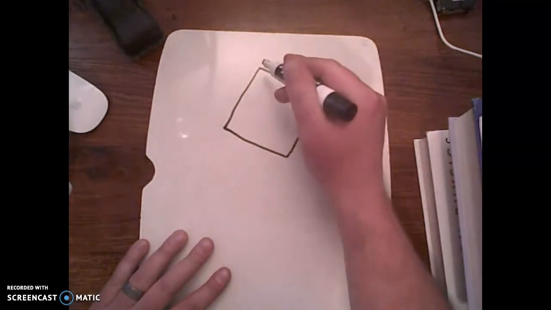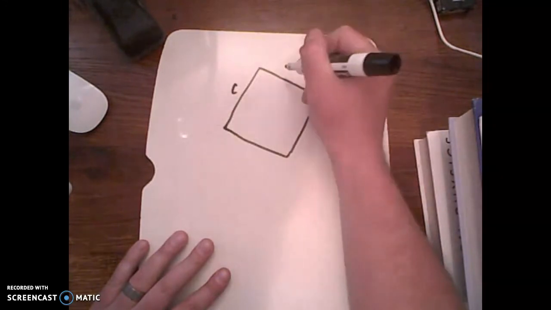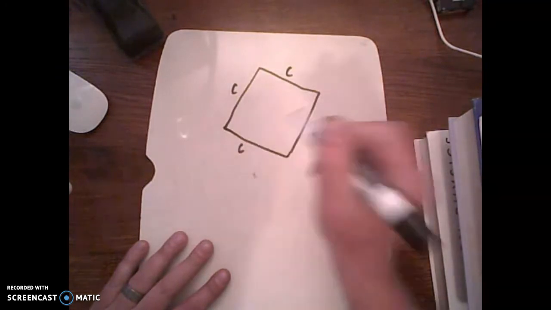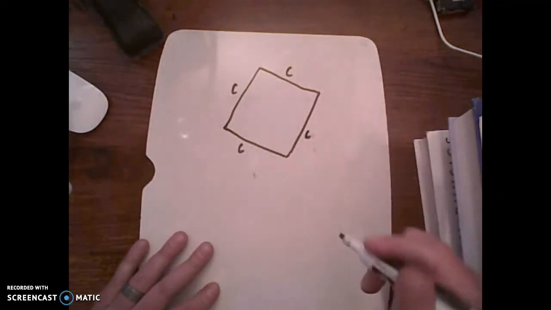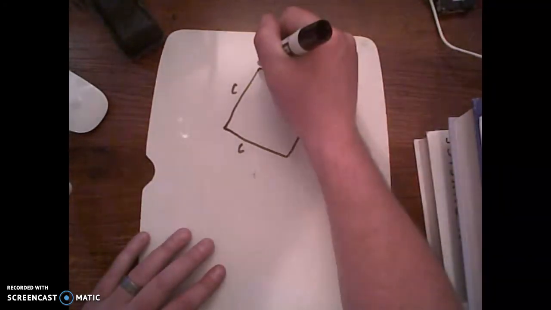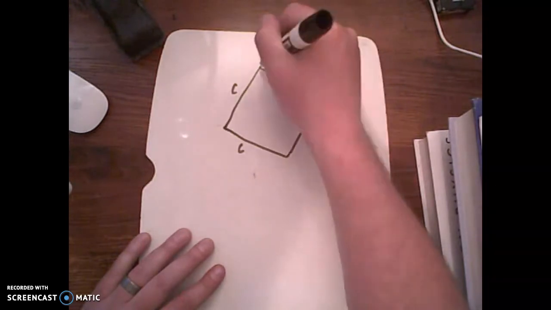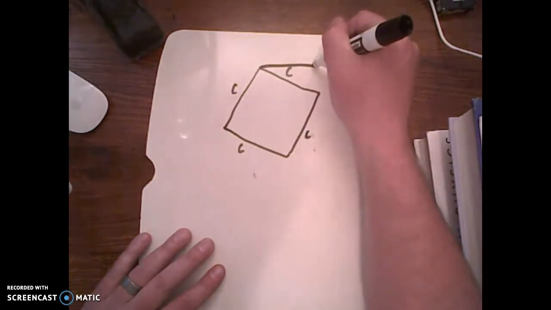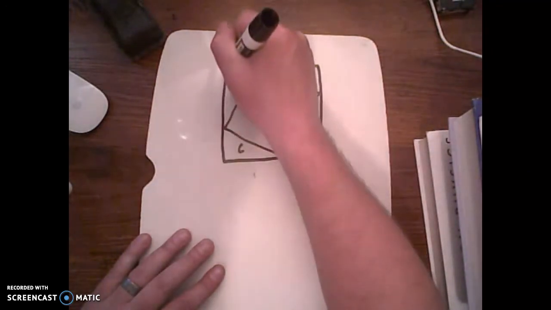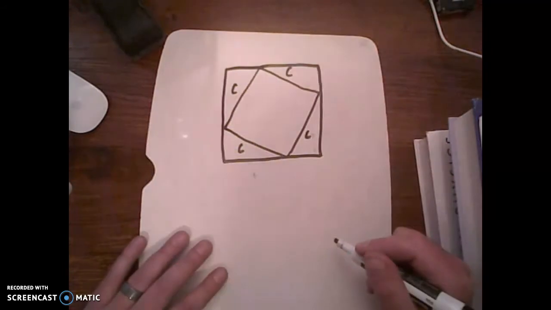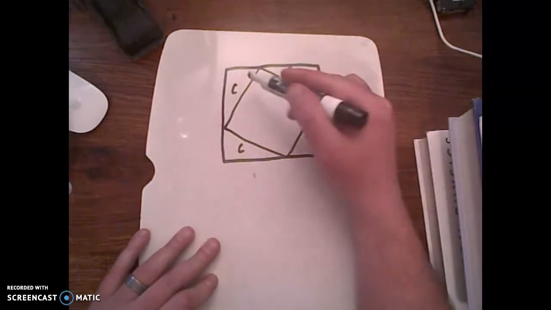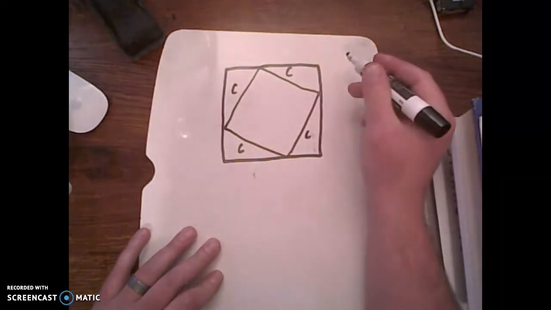And let's say that the sides of this square, we'll label them C. So now I'm going to take another square and put this smaller square inside of it. So now within this bigger square, I have a smaller square and four triangles that'll all be the same.